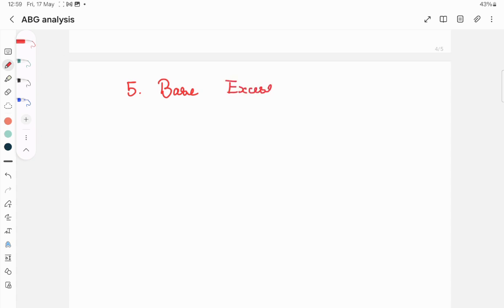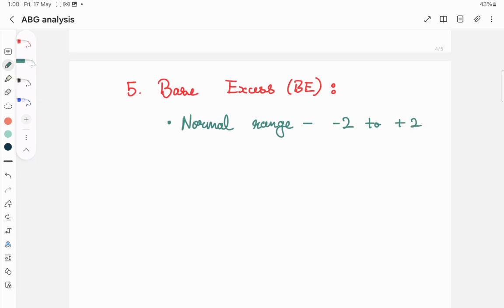So the next component is base excess. What is the normal range for base excess? It is -2 to +2. Very simple, -2 to +2, base excess. What is the significance of base excess?